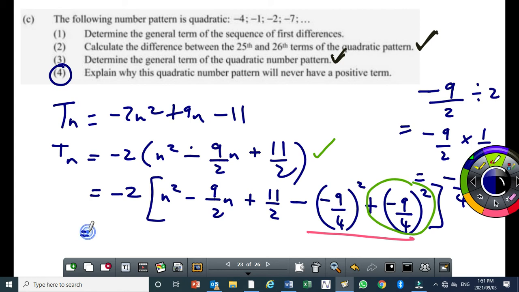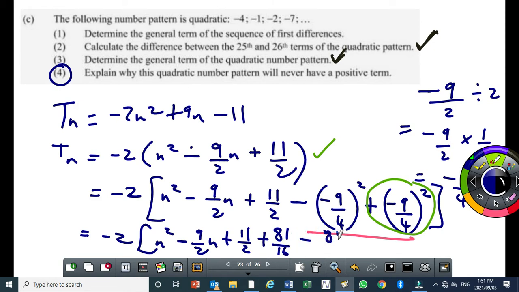So you end up getting minus 2 times n squared minus 9 over 2n plus 11 over 2. Then I'll take the result here, that is minus 9 over 4 squared. That will give me plus 81 over 16 minus 81 over 16. And then I'll put that in square bracket.